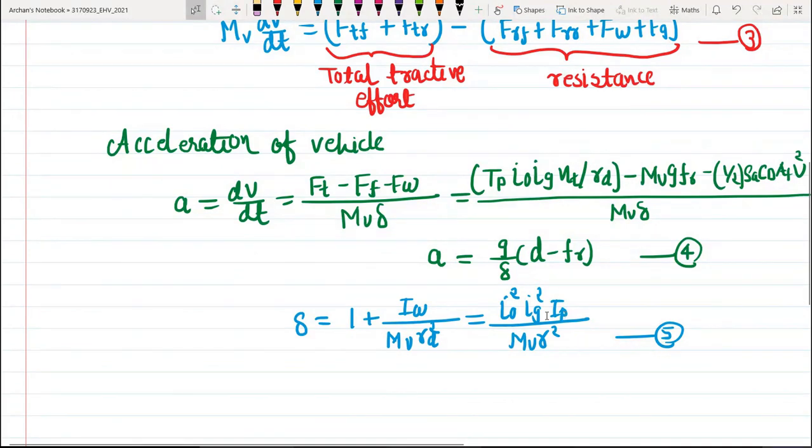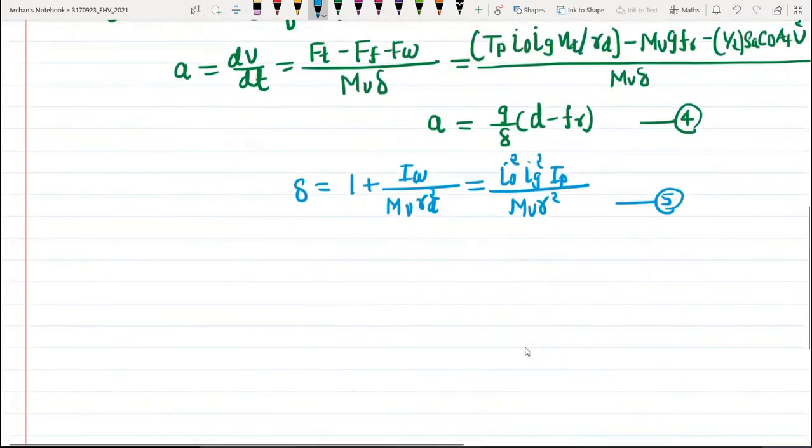So now the calculation of the mass factor delta requires knowing the values of the mass moment of inertia of all the rotating parts. Right? In the case where these values are not known, then the mass factor delta for a passenger car could be estimated using some empirical relations. Okay, when we don't know this many parameters I0, Ig, IP, specifically IW and IP.